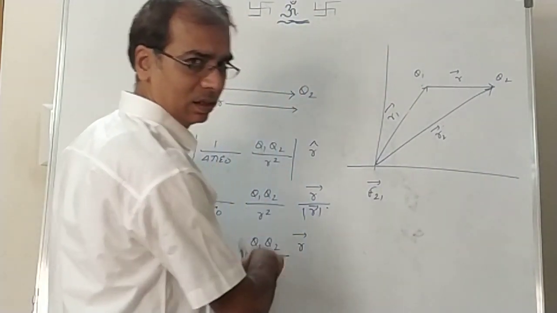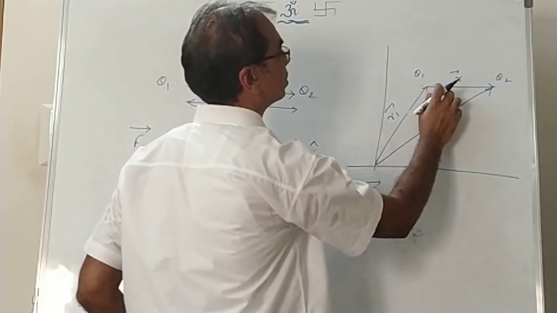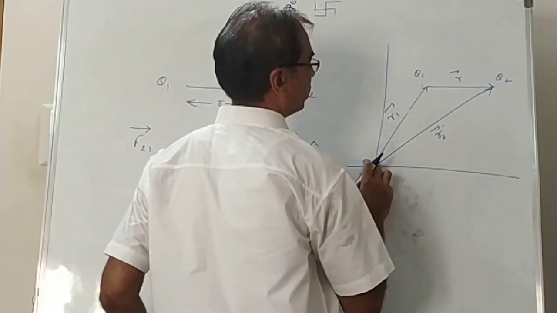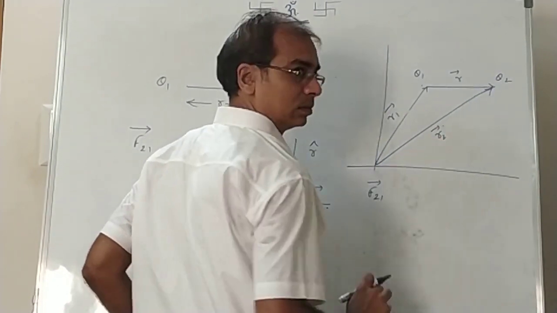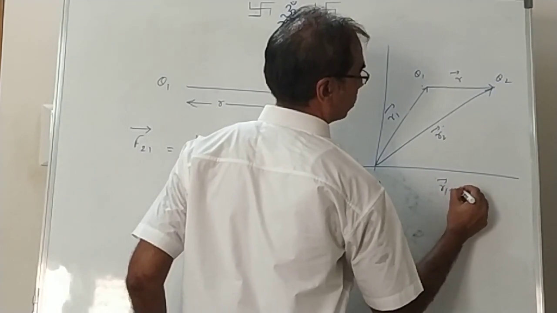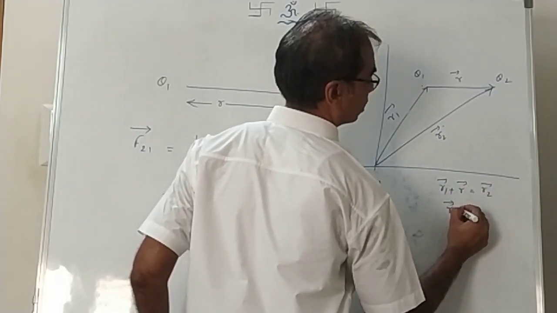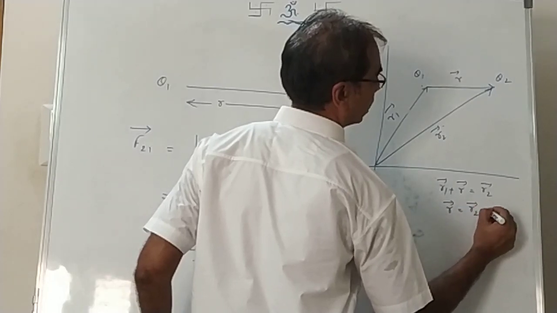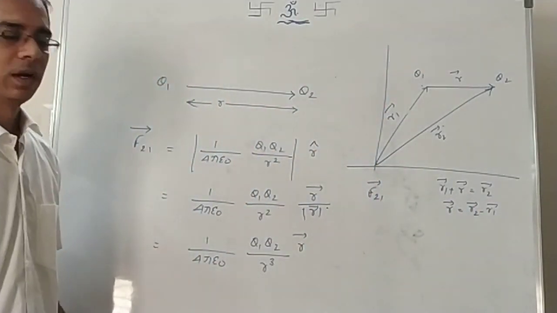Same thing again. Same thing I am going to write. But only R. Now what is R here? In this case, we know that triangle law, R1 plus R equal to R2. So R is equal to what? R2 minus R1. So wherever R is here in this one, we will put R2 minus R1.